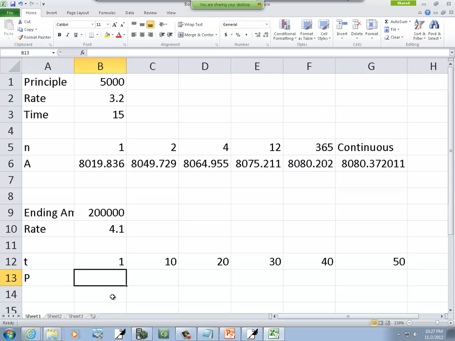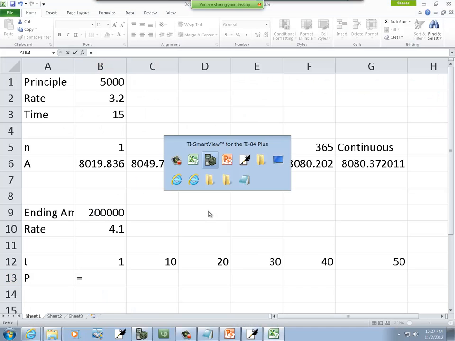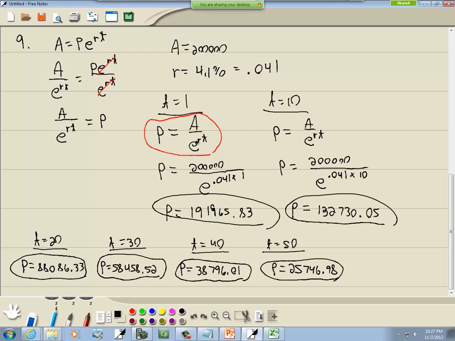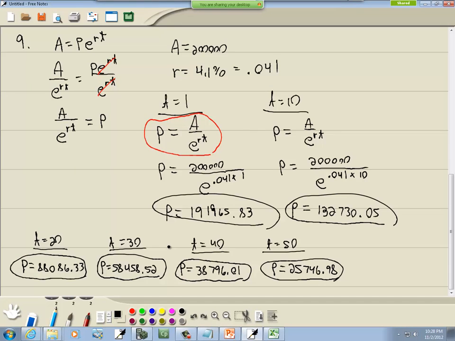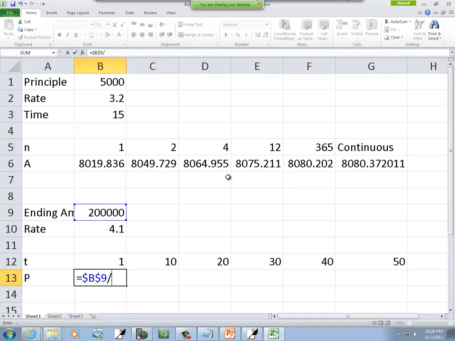So I'll come down here and I'll do an equals. That's how you do a formula, is with an equals. And where's our formula? I'll eventually find it. Here we are. A divided by, so let's start there. A is in B9. And I'm going to do a dollar sign B, dollar sign 9. That's absolute referencing. Divided by. And then we have e to a power. So I'll type exp for the e to a power. Beginning parentheses. Our rate, which is in dollar sign B, dollar sign 10.